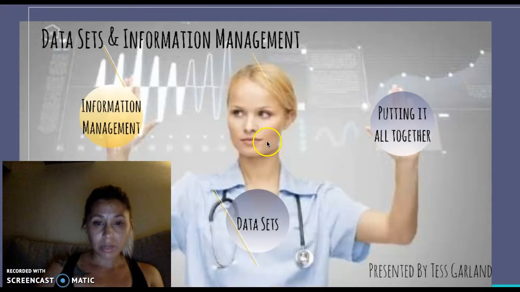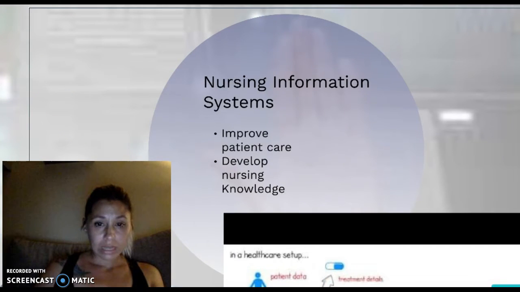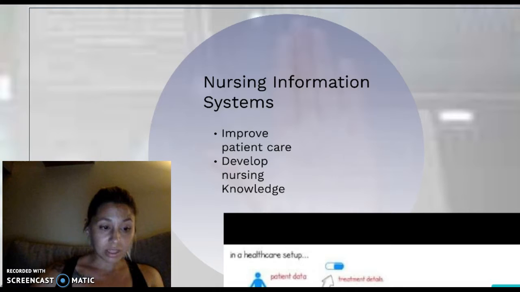So when we look at putting it all together, the recent advancements in information technology and computer science have led to the development of computerized information systems in different areas. So in healthcare, these systems, known as healthcare information systems, are used as supportive tools to facilitate clinical and administrative tasks.